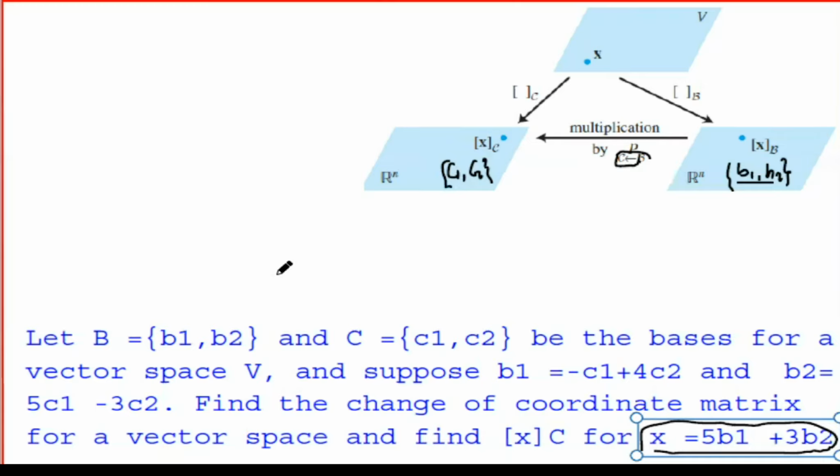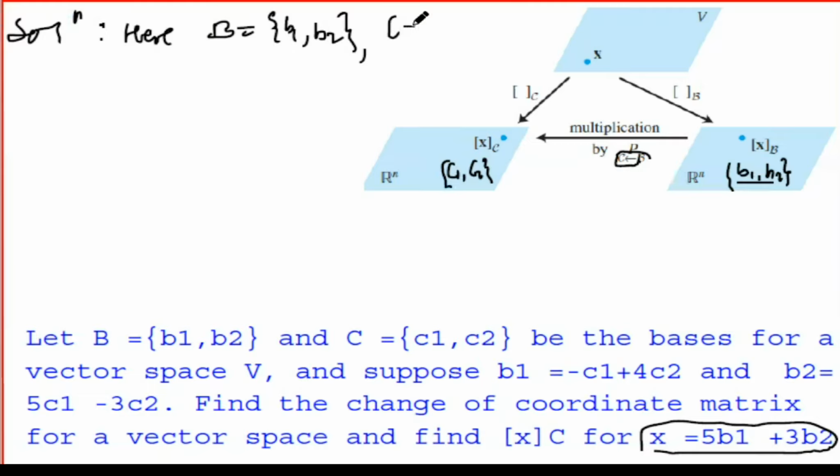Solution. Here we are given that the basis B is the basis vectors B1 and B2, and C is also the basis vectors C1 and C2, for the vector space V. And also given that B1 can be written as the linear combination of minus C1 plus 4C2.